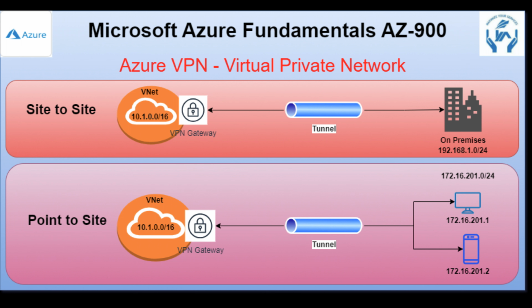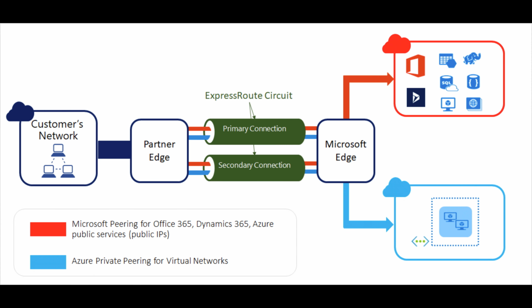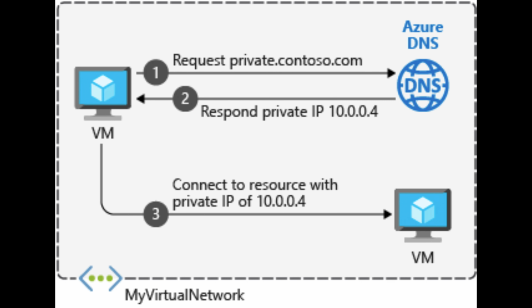And tomorrow we will be discussing Azure ExpressRoute, what Azure ExpressRoute is and the rest of the details. And maybe we will cover Azure DNS in the next session as well.